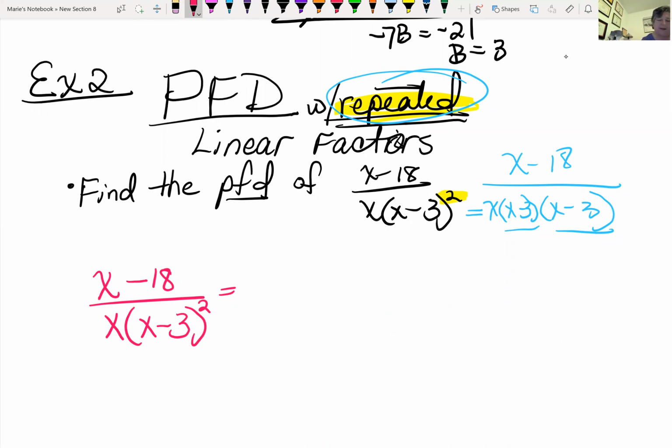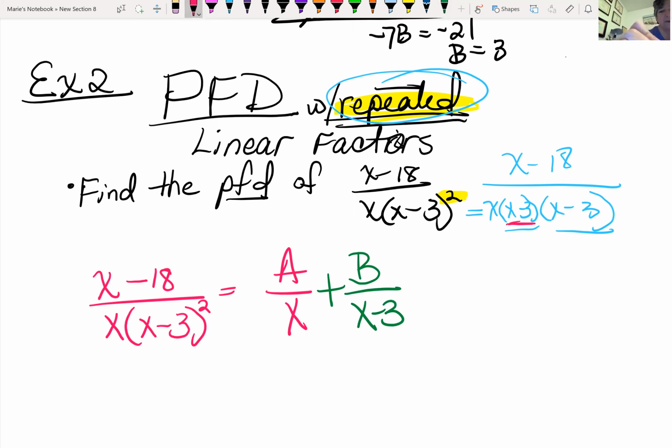No, you have to remember that this is its own factor as well. So there's actually 3 separations of the denominator. You're going to start with a over x plus b over the single x minus 3, plus c over x minus 3 squared.